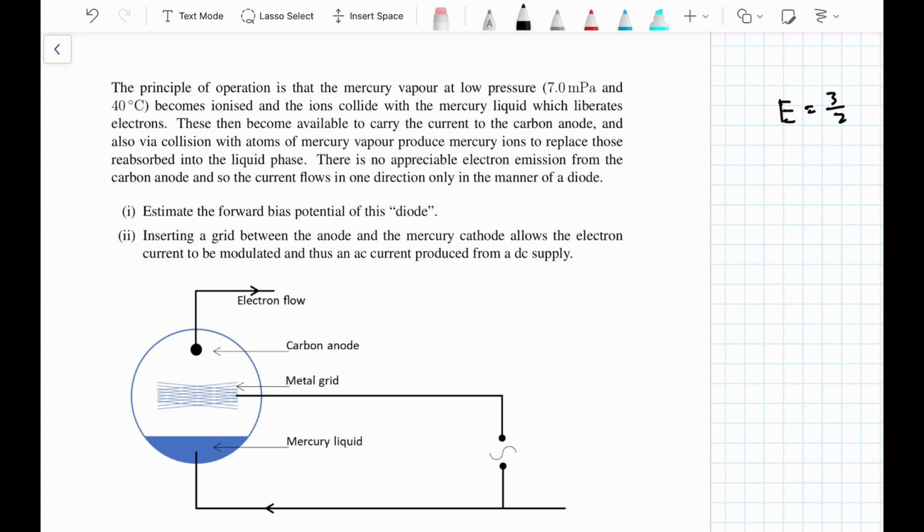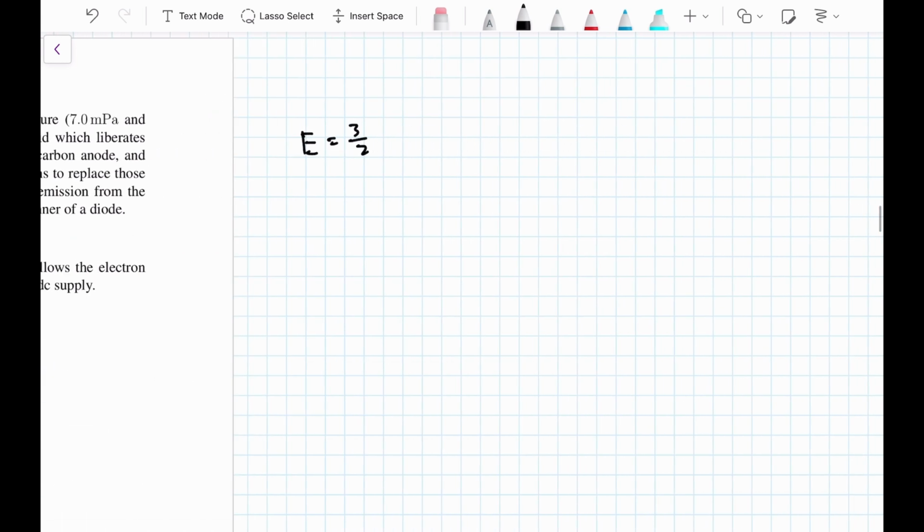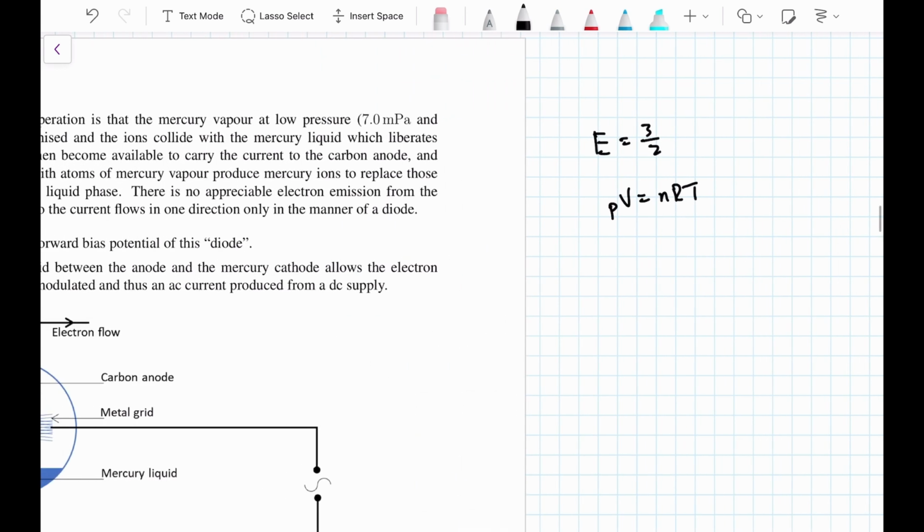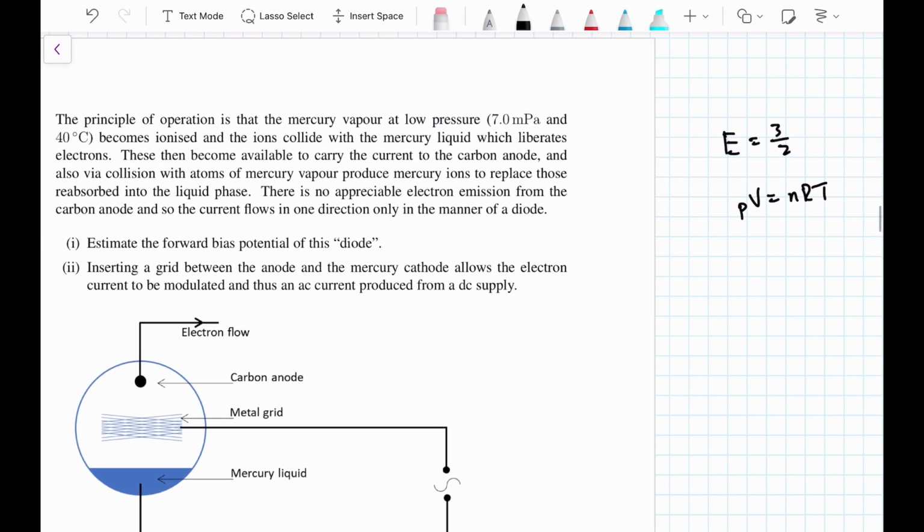So what we can do is first work with the gas law, PV is equal to RT. In this case, we only know the pressure and the temperature. We don't know the number of moles or the volume.